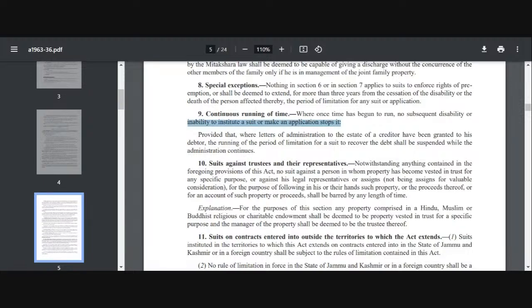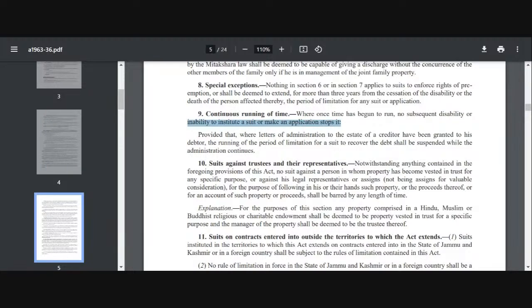It is not barred by limitation. Hope this is clear to everyone. Right? So an apparently fraudulent trustee cannot escape.